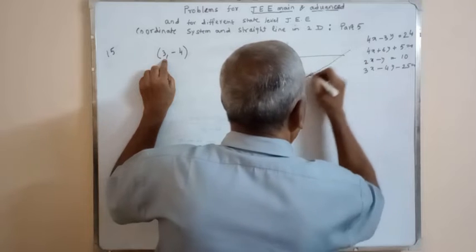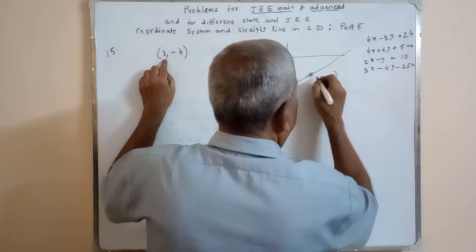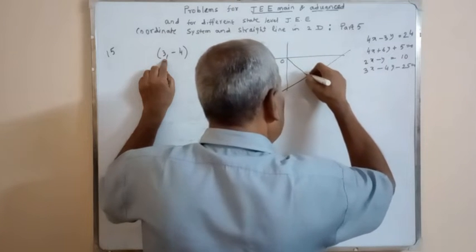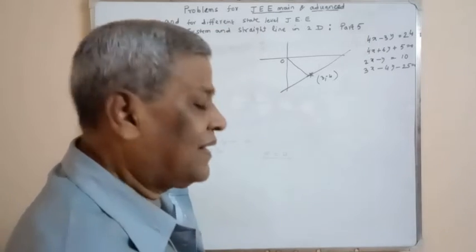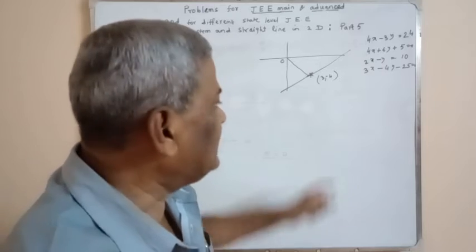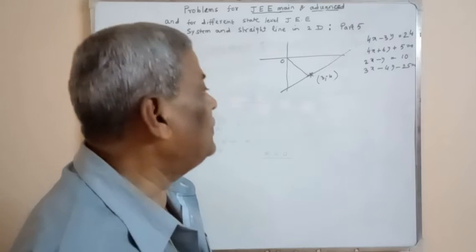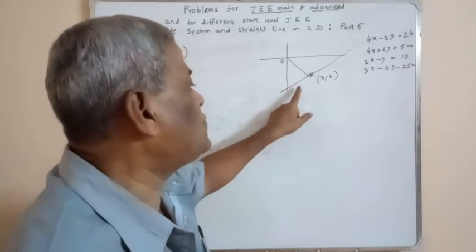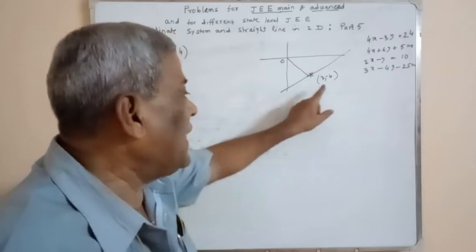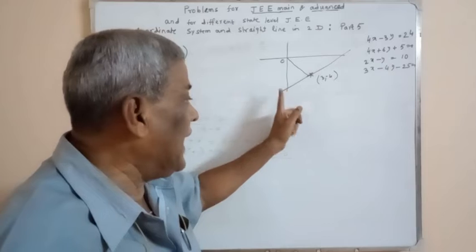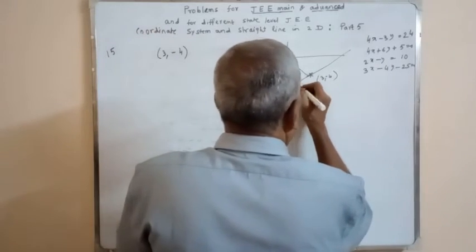This is a straight line passing through 3 comma minus 4, perpendicular. So we have to find the equation of that line. Clearly, the straight line passes through 3 comma minus 4. Now, if I can manage the value of its gradient, then the equation will be of the type y minus y1 is equal to m into x minus x1. Let us suppose that this is our m.